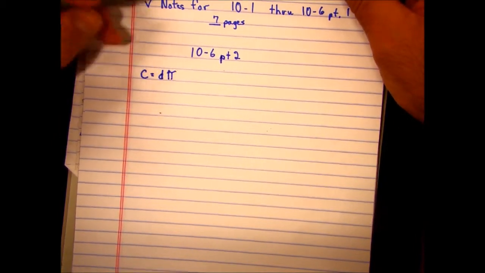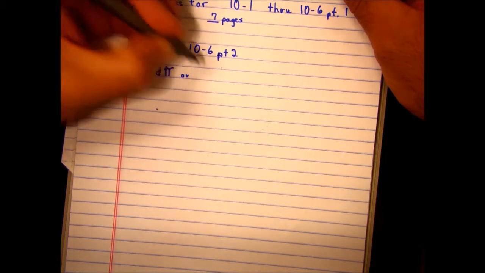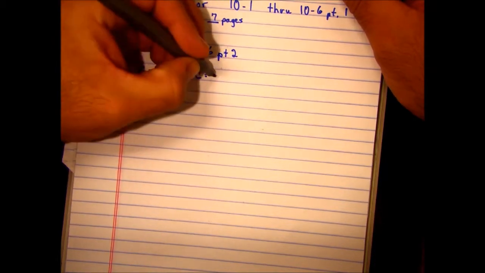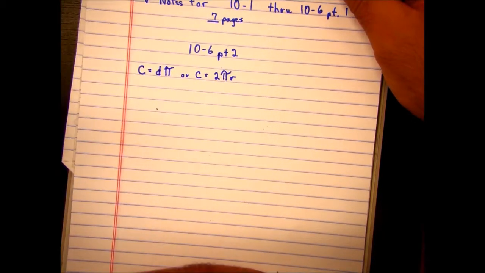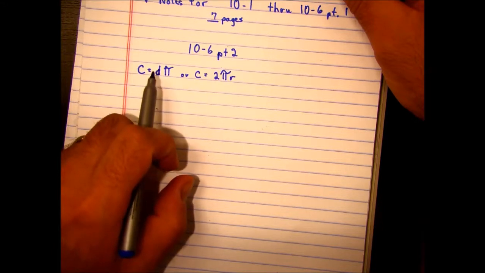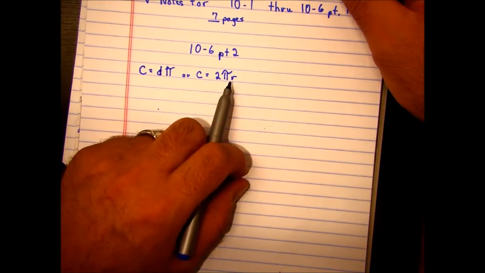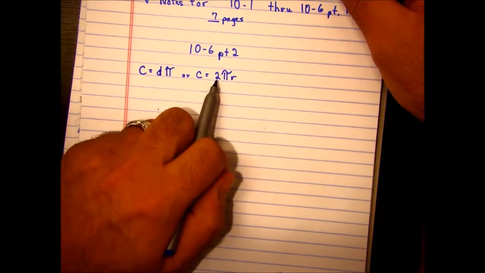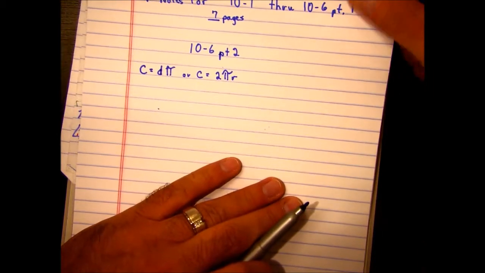Relatively easy formula. Now, they do give you two of these. They give you or circumference is 2 pi r. Now, hopefully you understand why it's 2 pi r and this one's diameter pi, because a diameter is 2 radiuses. Get it? Diameter and then 2 radiuses make a diameter. So they are the same equation.